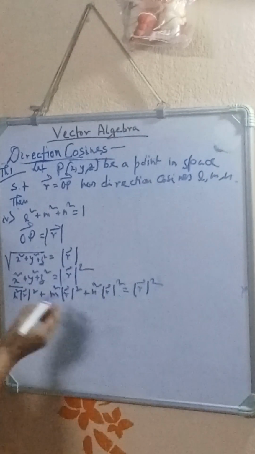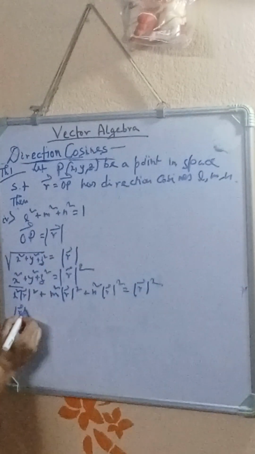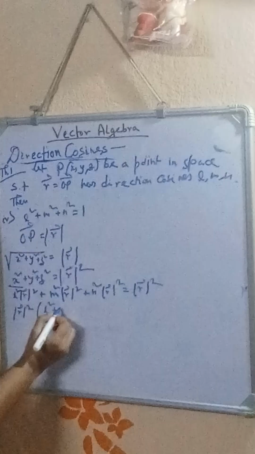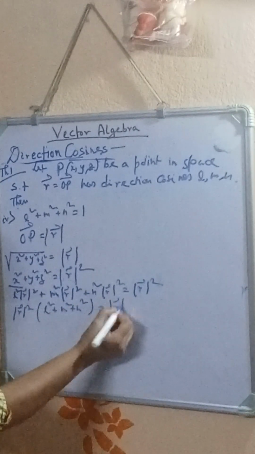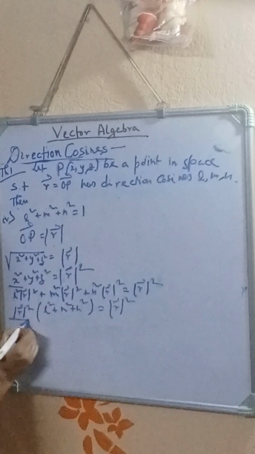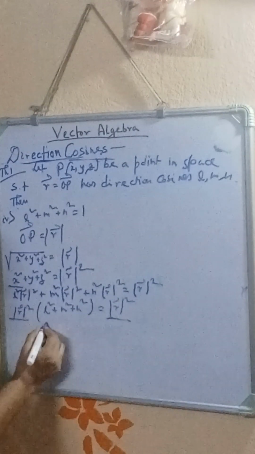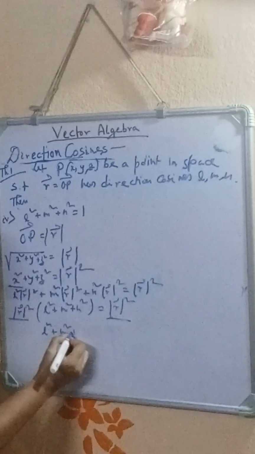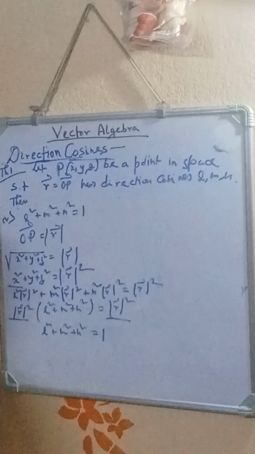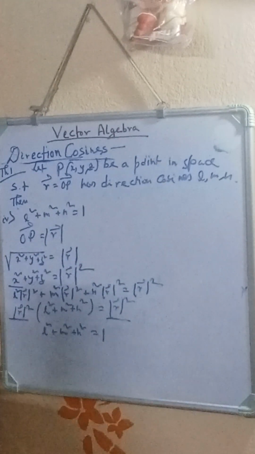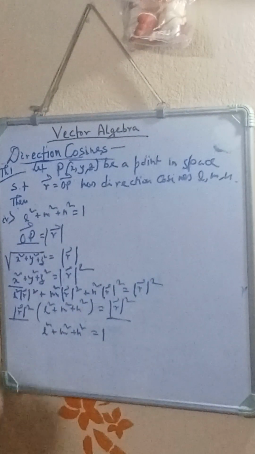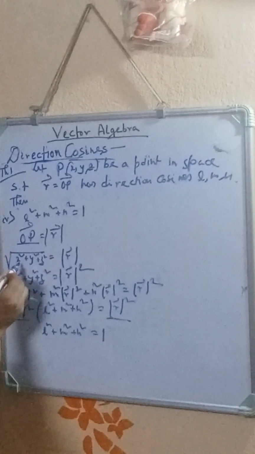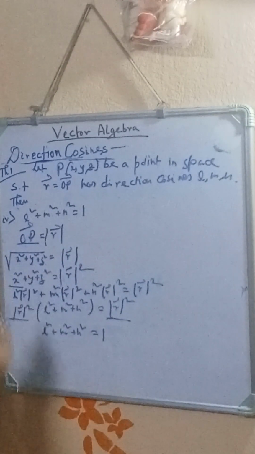Now if we take r square common, l square plus m square plus n square equals 1 after cancelling. As the coordinates of OP are x, y, z, the magnitude will be the square root of x square plus y square plus z square.